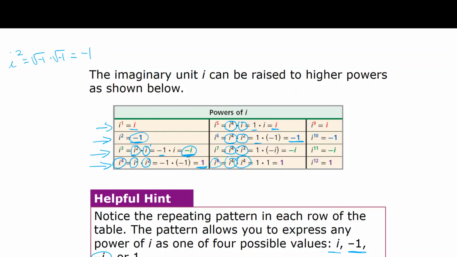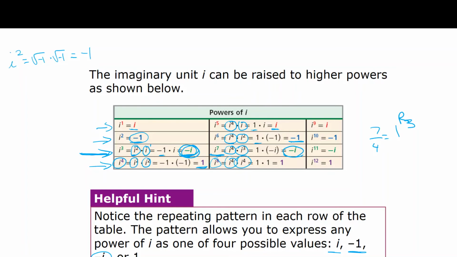So for example, if I have i to the 7th, I sometimes say, okay, 7 divided by 4 is 1 with remainder 3. So I come over here and look at the remainder 3 pile, and I see that it's -i. And so i to the 7th is actually -i. You can do it either way, whichever way is more helpful.